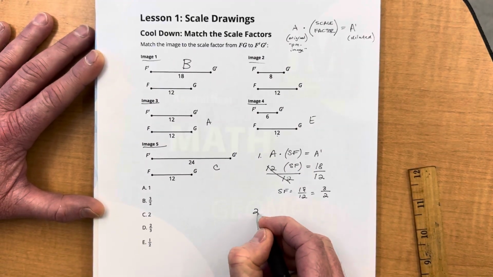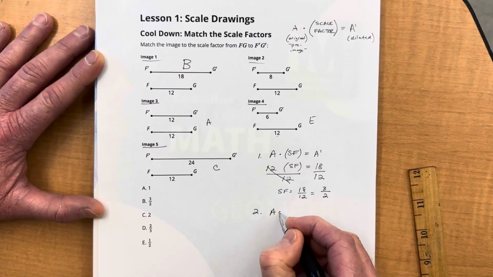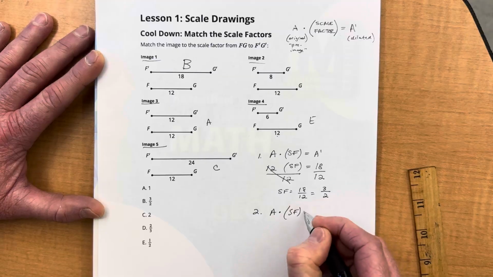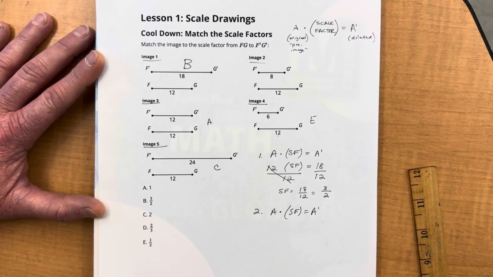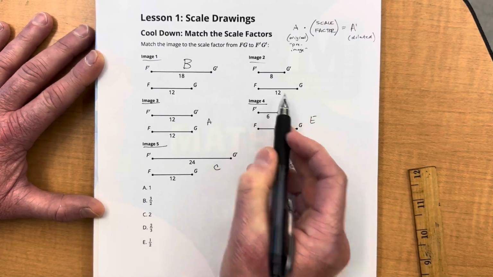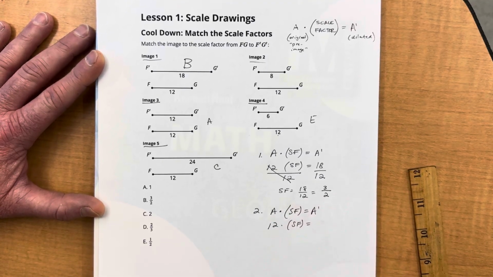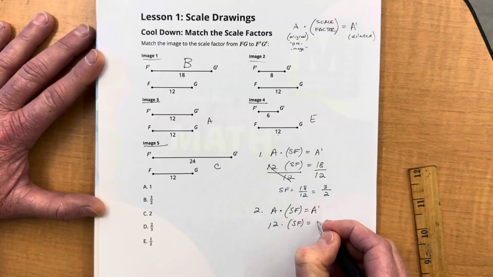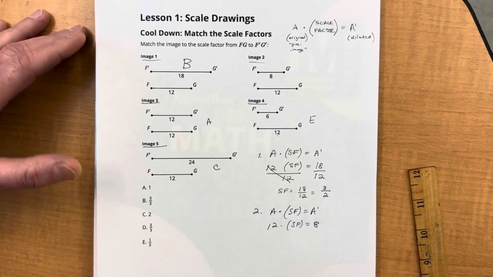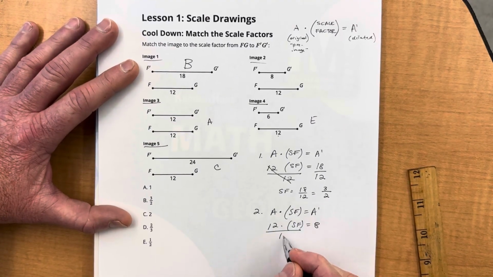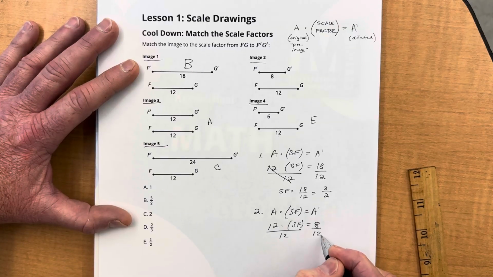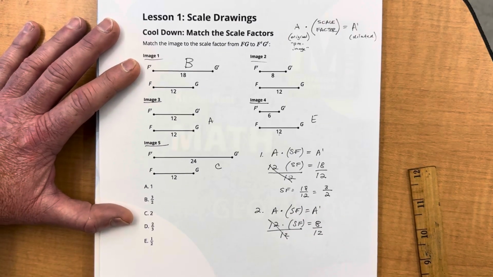Now let's do number 2. Same thing. A times scale factor equals A prime. Starting with 12 times your scale factor equals 8. Same thing every time. Isolate the scale factor by dividing by 12.